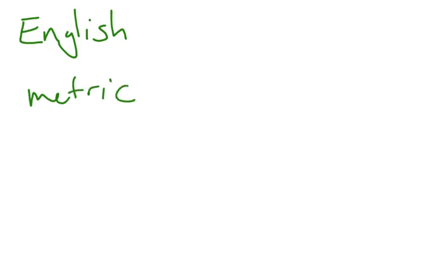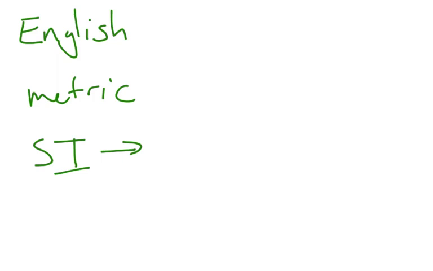A unit is just the part of the measurement that tells us what system or standard we're in. There are three main unit systems, and typically we're just using one in chemistry. Those three are English, metric, and then SI.